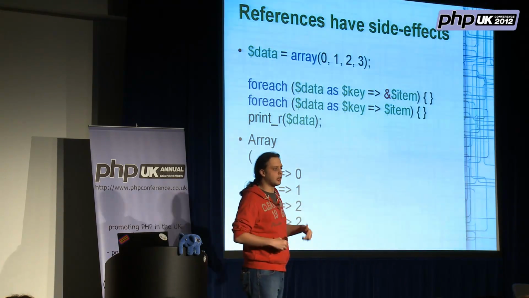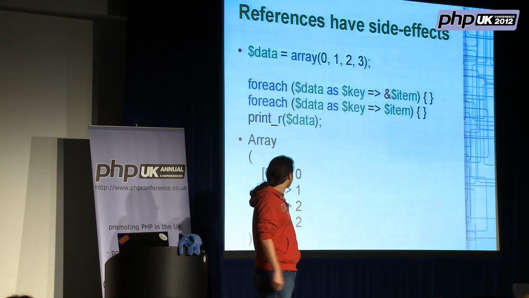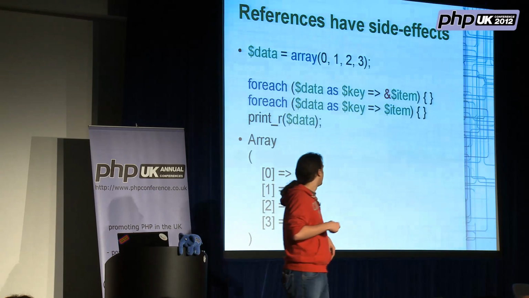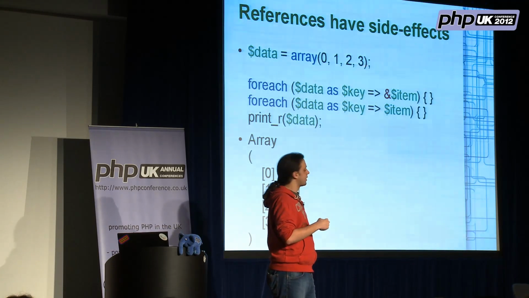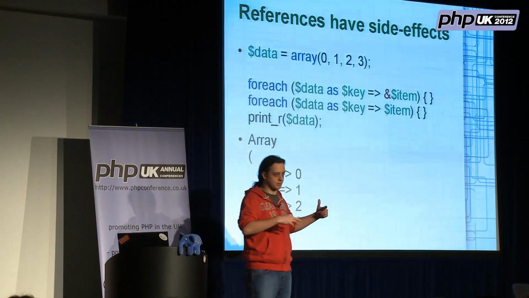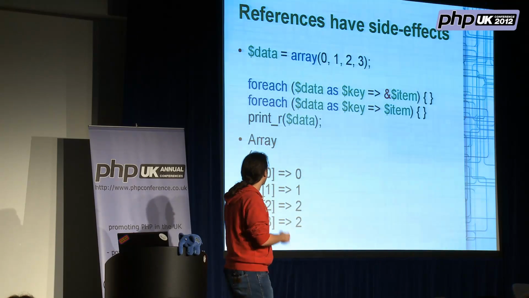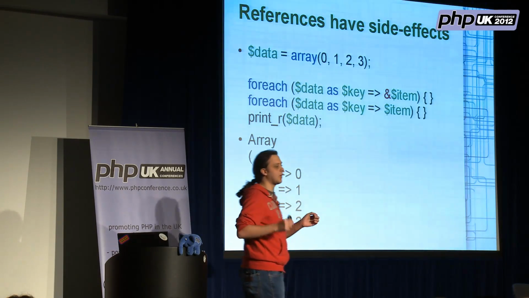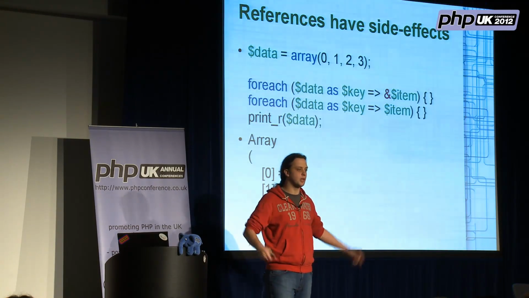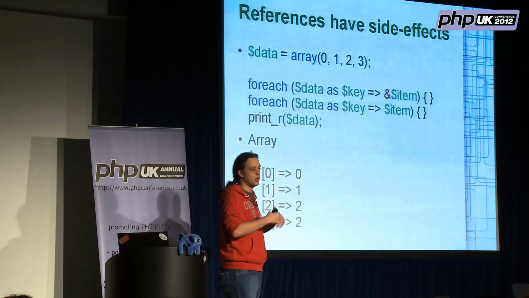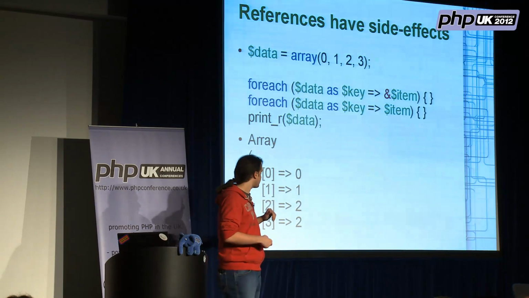Then we are continuing the iteration, so $item becomes a reference to that element, and then we iterate again, and $item becomes a reference to that, and then it becomes a reference to the last element of the array. After the first iteration finished, we are having $item still available. PHP doesn't have block scoping, but we have function level scoping. So $item is valid all over the complete function this is in, or the complete file, or whatever.